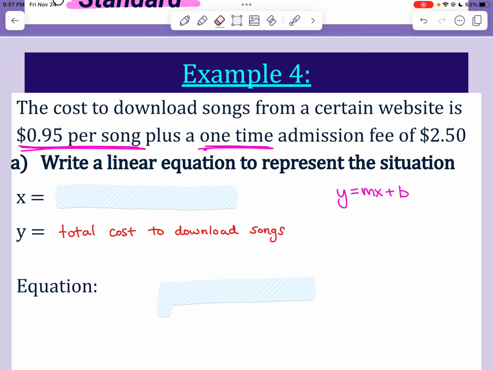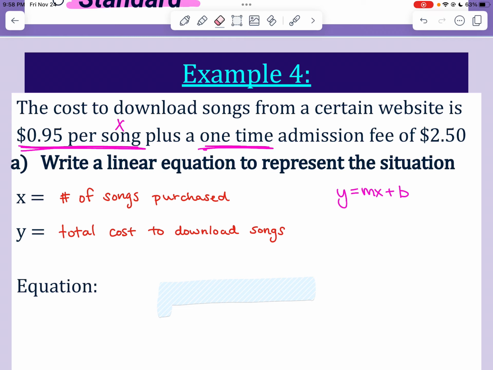Now, what x represents is not money, but it's tied directly to the 95 cents. So where we see that recurring fee is where that x variable is going to be. So 95 cents per song, well, we don't know how many songs. So that's what we're going to let x represent. x is the number of songs that we've purchased that's going to help create the total cost to download those songs, which is y.